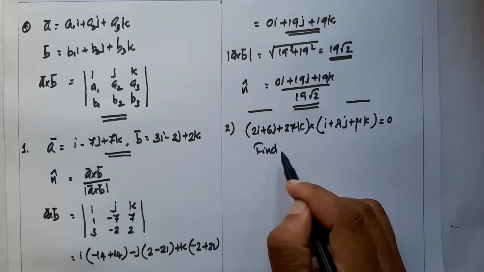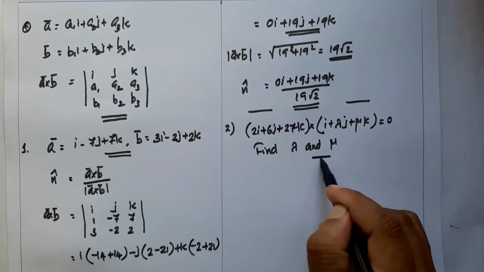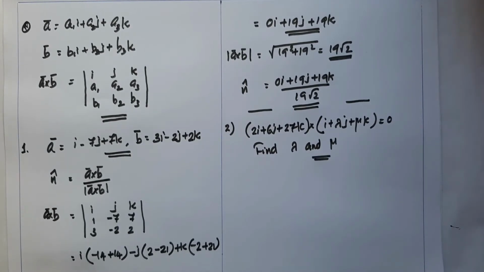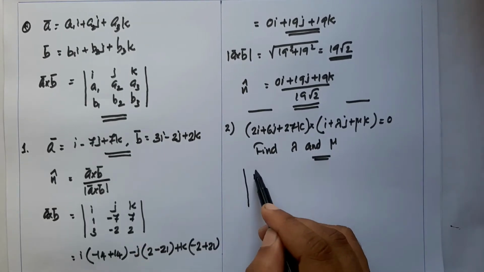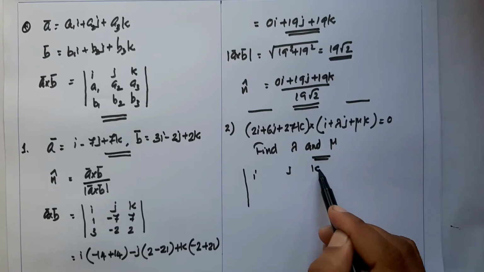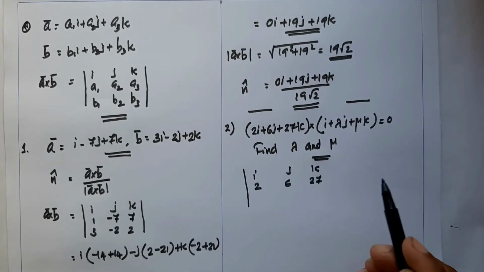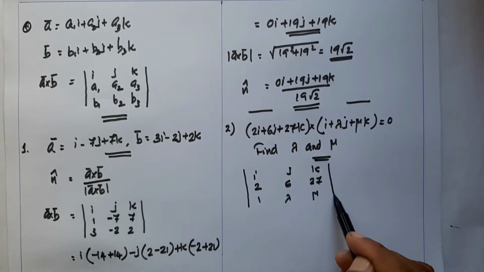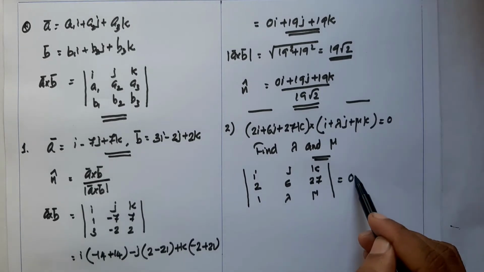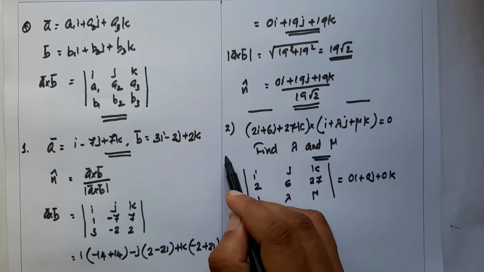Similar to the last question, we first find the cross product, that is determinant i, j, k. First vector coefficients are 2, 6, 27. Second is 1, lambda, mu, is equal to 0, which means 0i plus 0j plus 0k.